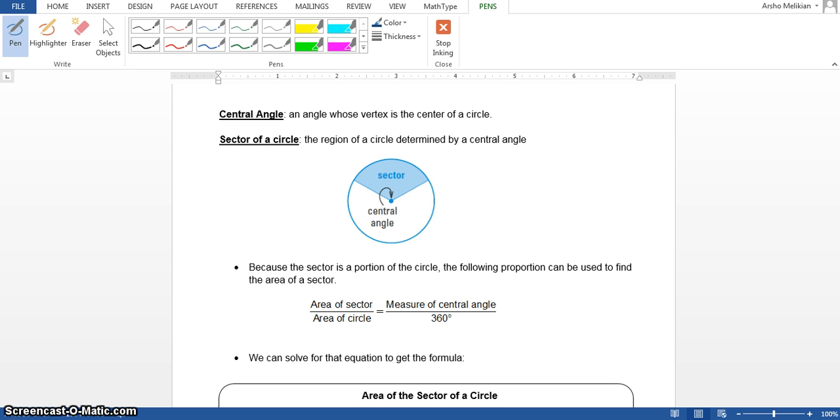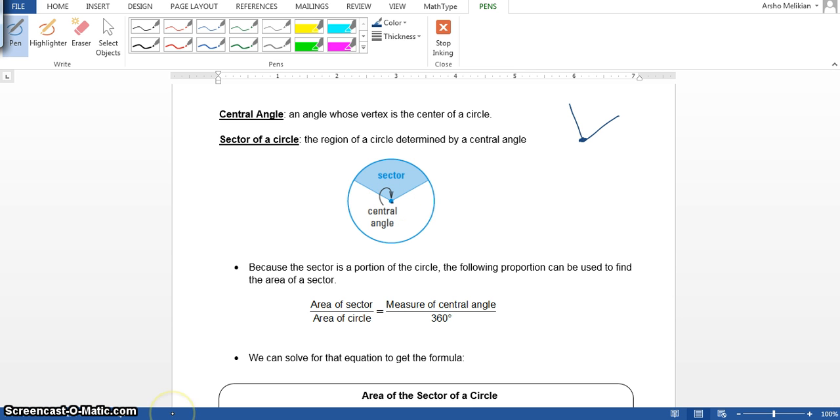If we have a circle, and if I draw an angle, and I put the vertex at the center of the circle, then cleverly so, I call that angle a central angle. Okay? So all a central angle is an angle inside a circle where the vertex is exactly at the center.